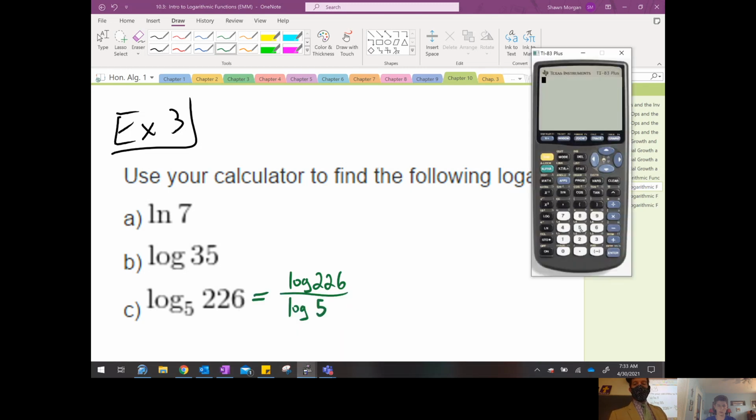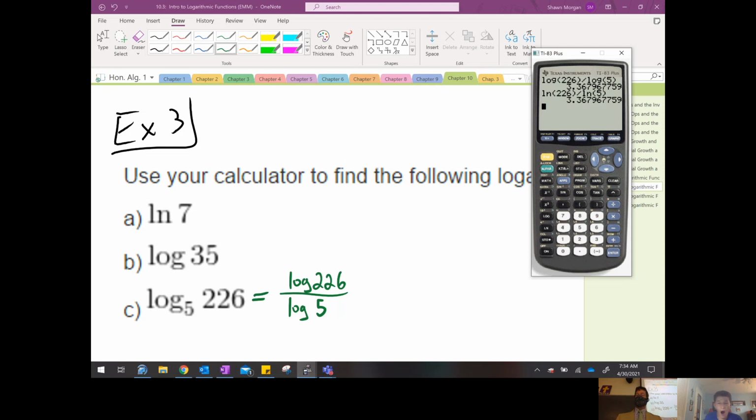So if I just hit log of 226 divided by log of 5, I hit enter, and I get my answer. Now, y'all told me to use the common log. Just as well, we could have done the natural log of 226 divided by the natural log of 5.